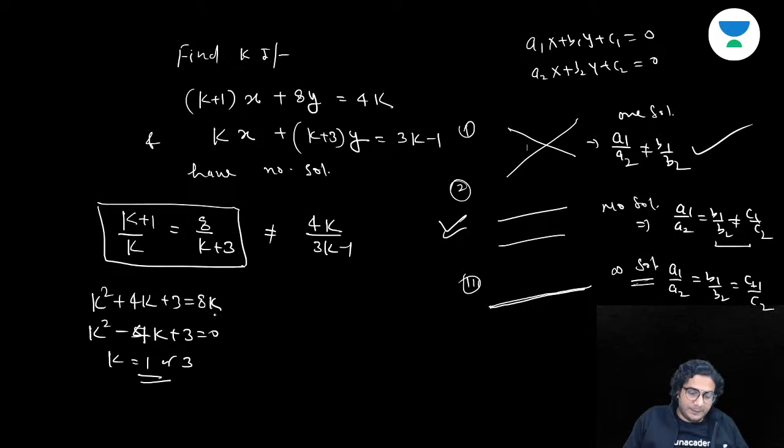Now put 1 and check, all 3 should not be equal. So if I put 1, there is going to be 2 upon 1 is equal to 8 upon 4 is not equal to 4 upon 2. But that is wrong, right? Can you see this? This is wrong.